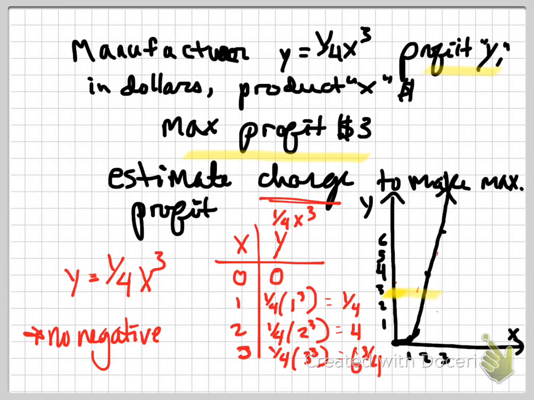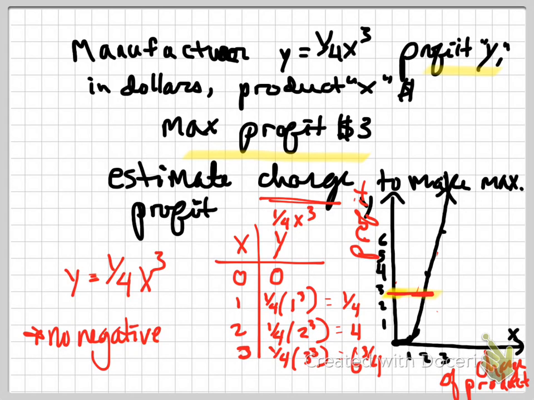And our profit is y, so I could label my graph that. This side is profit. So what's the x value, the charge of the product, when our profit is 3?